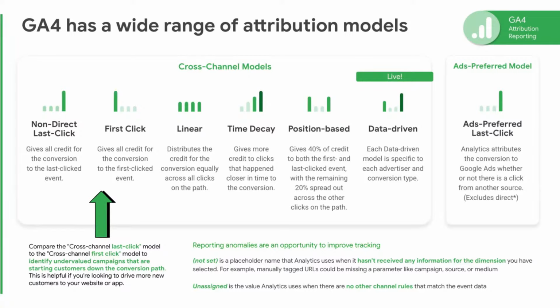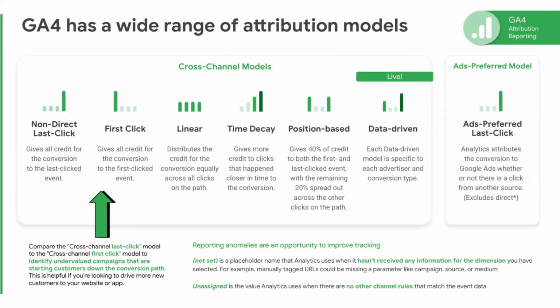Then we have the linear model, which distributes credit for conversions equally across all clicks on the path. You have time decay, which gives more credit to clicks that happen closer in time to the conversion.